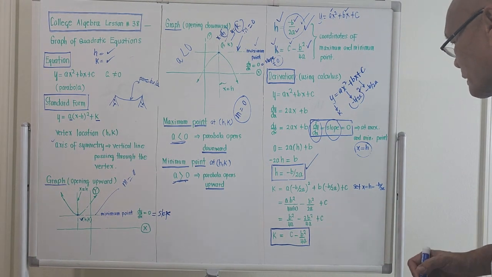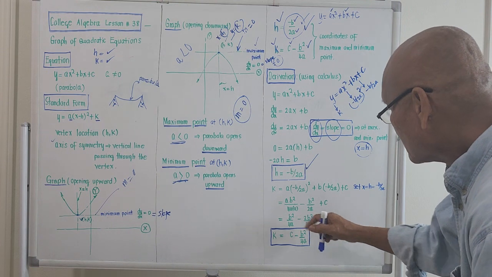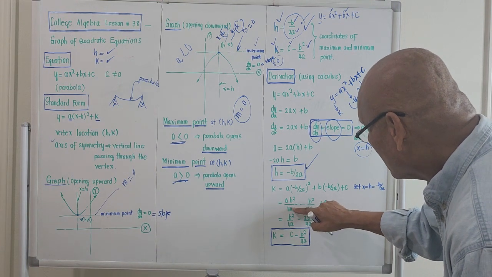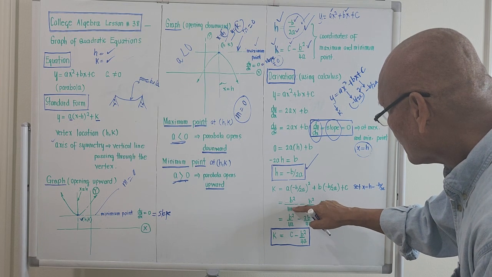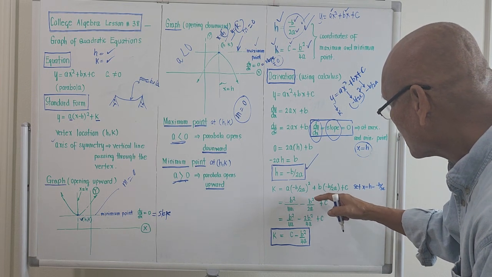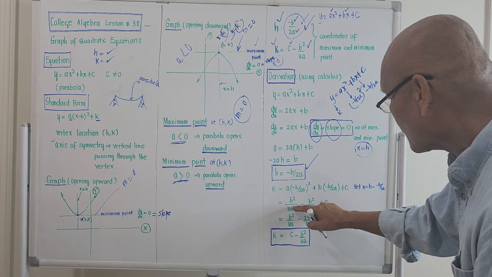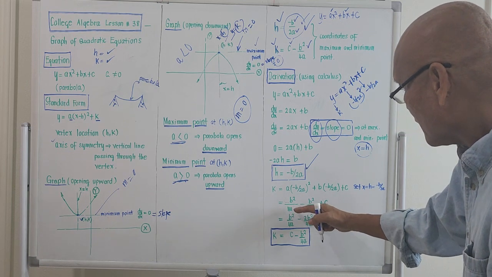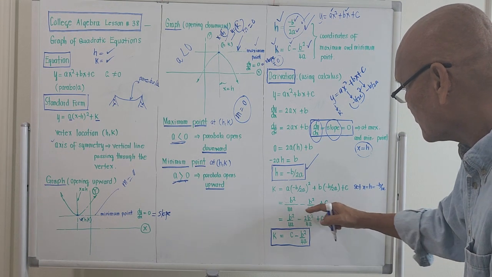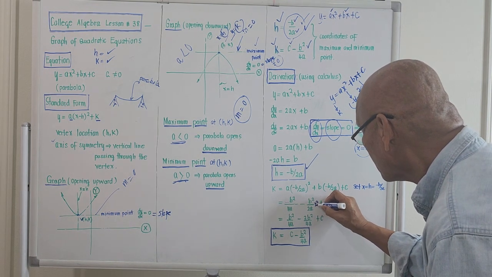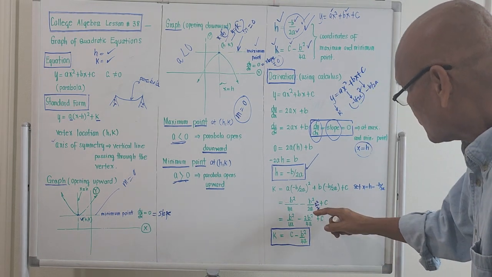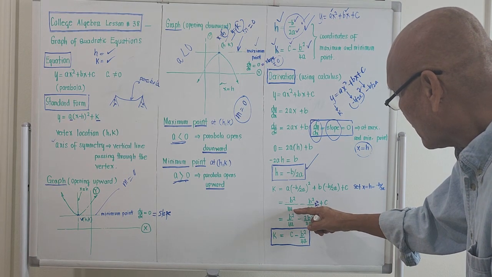Then combining similar terms, the a here cancels with this. The first and second terms are similar, but we cannot combine them yet because the denominator of the first is 4a and of the second is 2a. So we must multiply this by 2, and 2a times 2 will now be 4a.